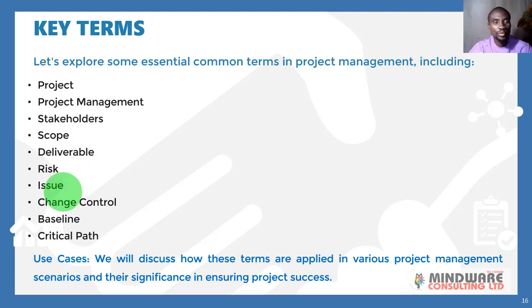And issue, change control, baseline, critical path. These are very significant and common terms that we're going to be using throughout the course of this program, and which you'll also be using throughout the life cycle of your project. So it's important you get to know them.